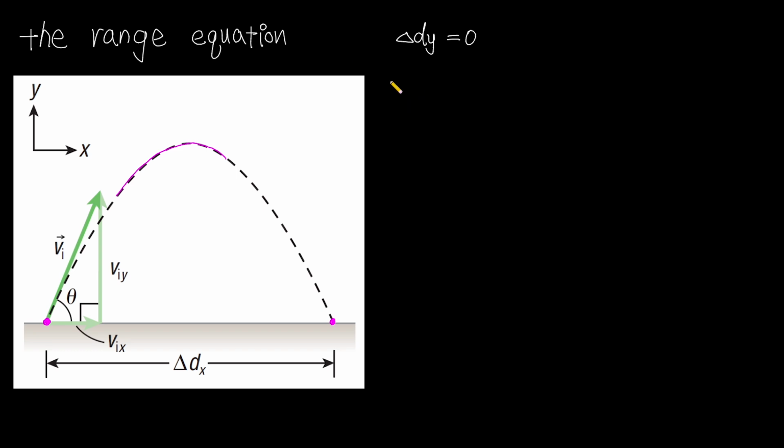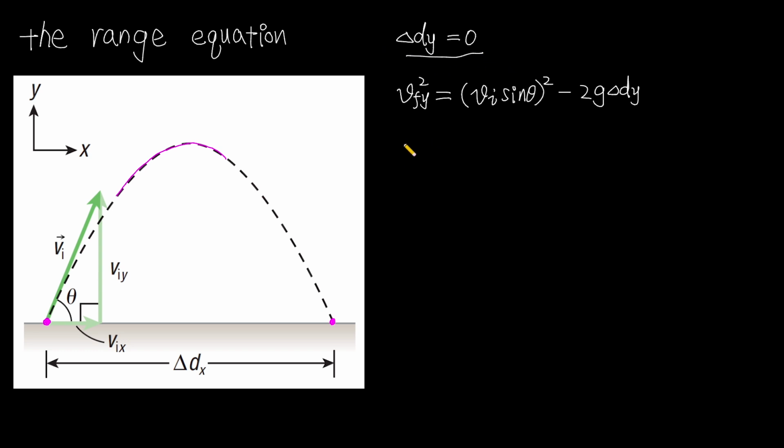So we know this formula. The final vertical velocity square equals the initial velocity multiply sine theta square minus 2 multiply acceleration g multiply the vertical displacement. And for this situation, the vertical displacement is 0.